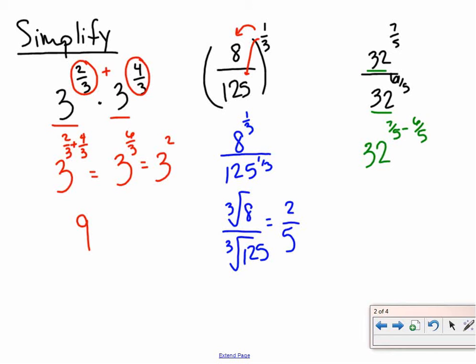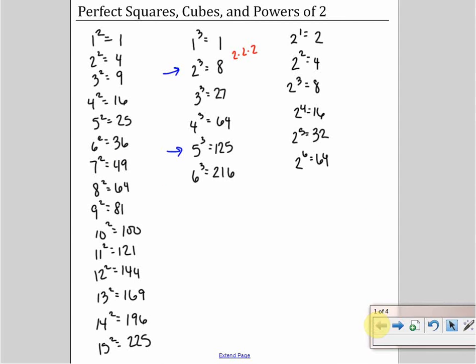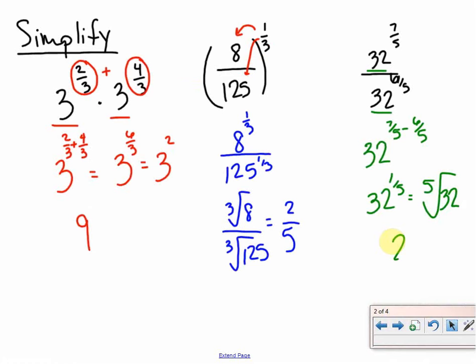You just take the base and subtract the exponents. 7/5 minus 6/5 is 1/5. But the 1/5 power is the same as the 5th root of 32. Looking back at our list, you'll see that 2 to the 5th power is 32. So the 5th root of 32 is 2. If you took 2 and multiplied it by itself 5 times, you would get 32.